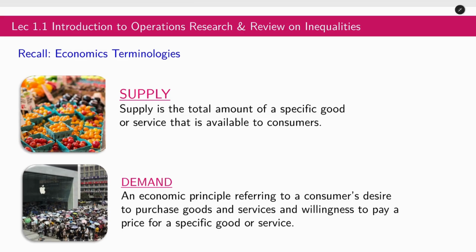Supply. Supply is the total amount of a specific good or service that is available to consumers. Demand.